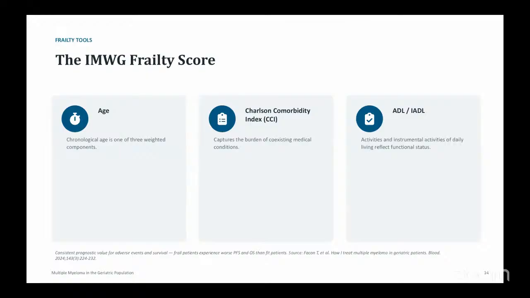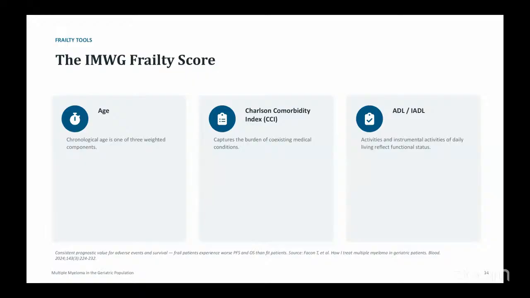This includes three parameters, one being the chronological age, the other being the comorbidity index, specifically using the Charlson Comorbidity Index, and the third being the activities of daily living, or the instrumental activities of daily living. This could allow us to broadly categorize the patients into their fitness, which is important in the classification of the prognostic and the therapeutic side as well.